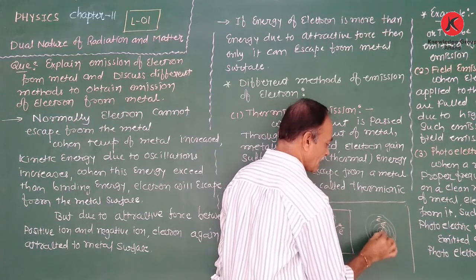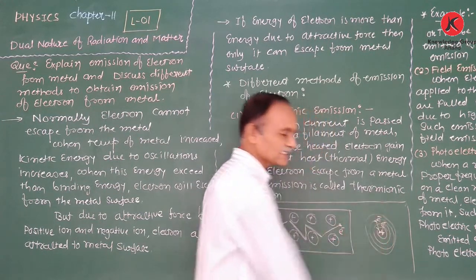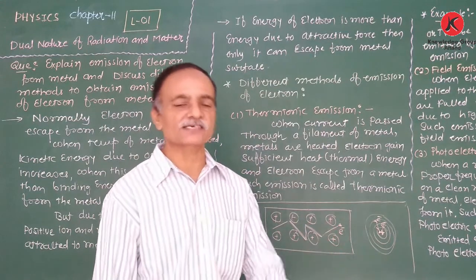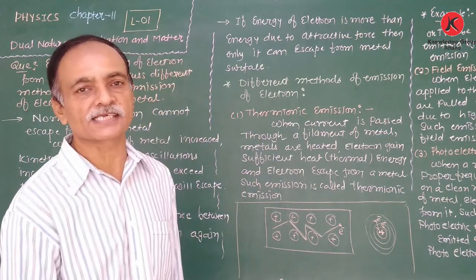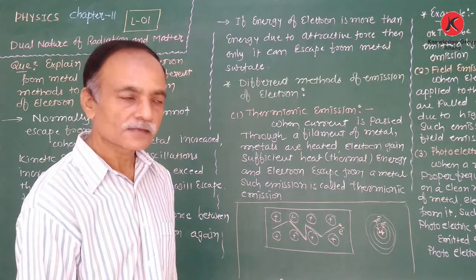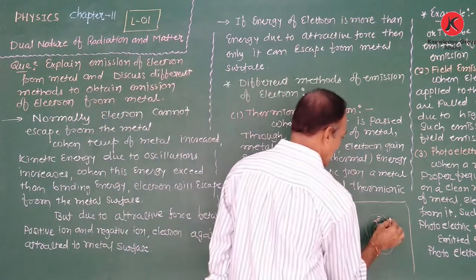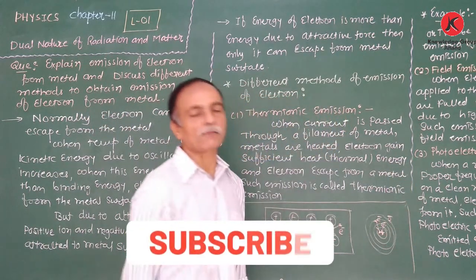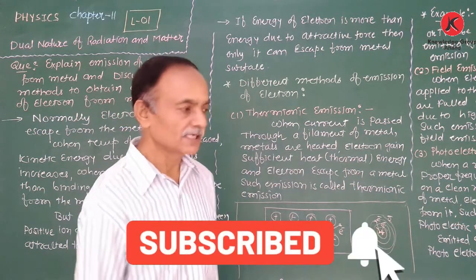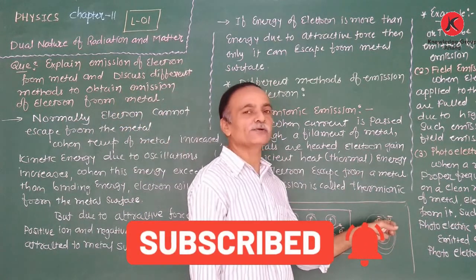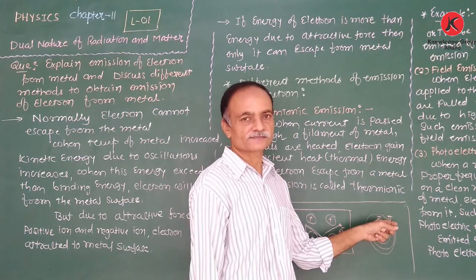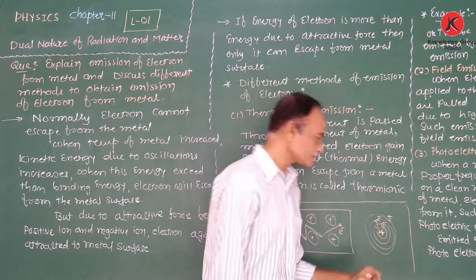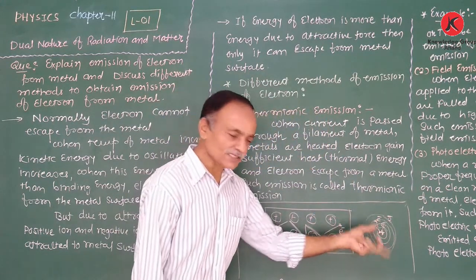These electrons are bound to the nucleus because of the force of attraction between the nucleus and the electrons. The electrons in the outermost orbit are bound by a weaker attractive force, therefore it is possible to remove these electrons first. Okay.